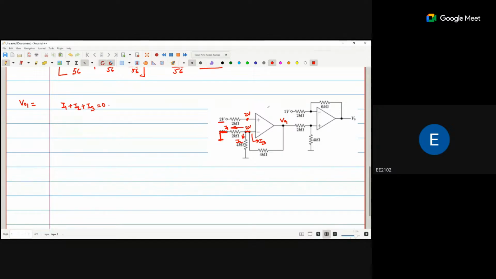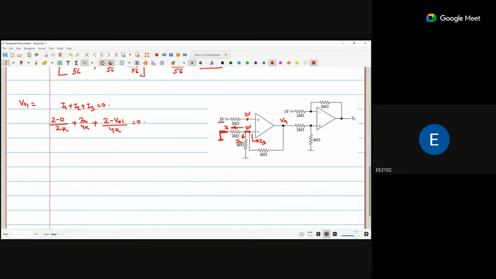What is I1? 2 minus 0 because it is grounded, divided by 2k, plus 2 divided by 4k, plus 2 minus V naught 1 divided by 4k is equal to 0.